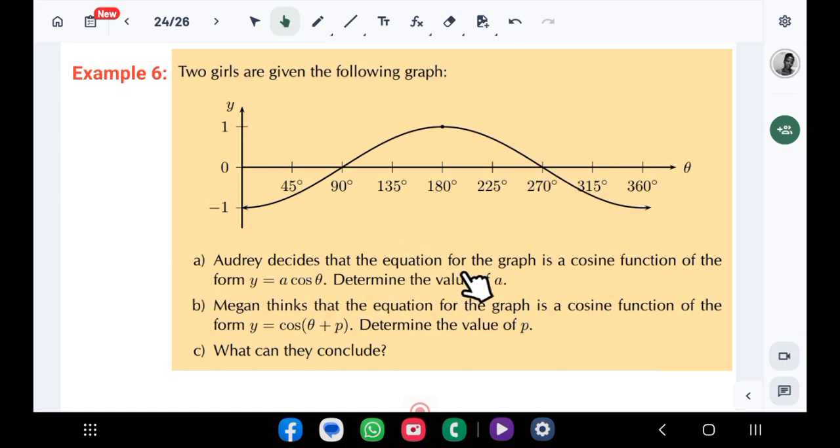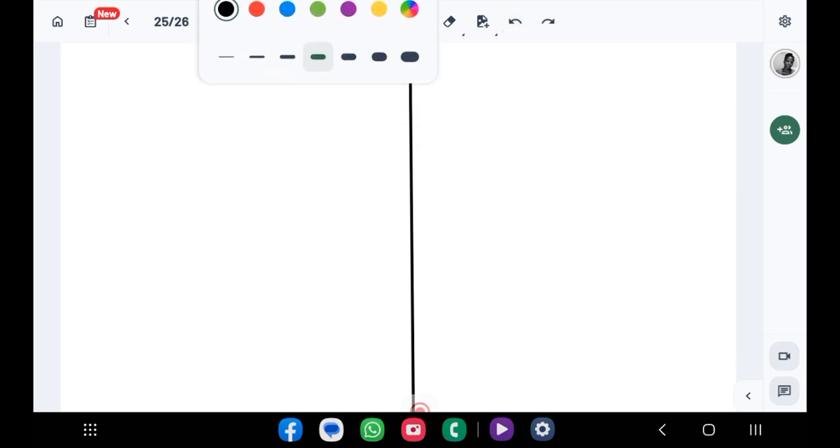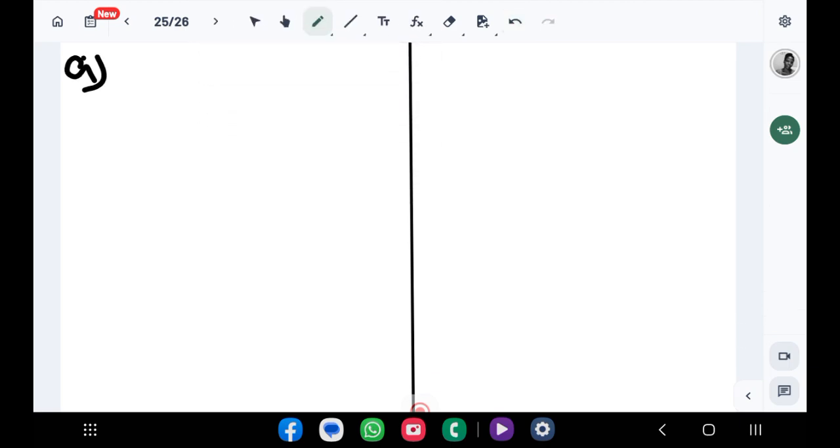Now, Audrey decides that the equation for the graph is a cosine function of the form y equals a cos theta. Determine the value of a. That should be easy. For Audrey's case, number A, Audrey says y equals a cos theta.